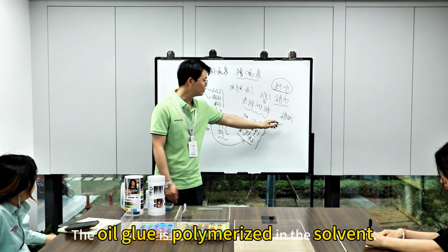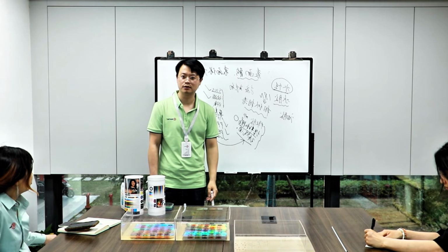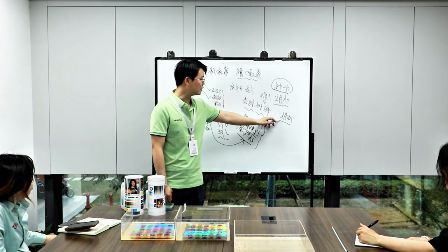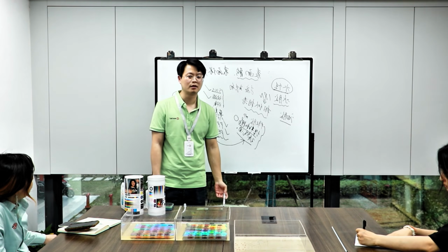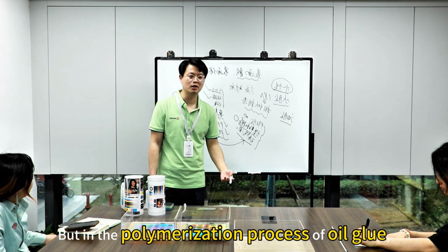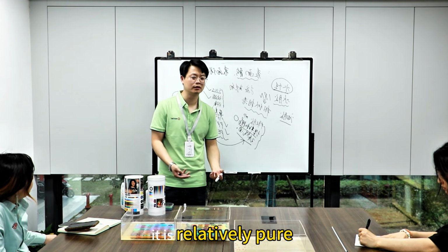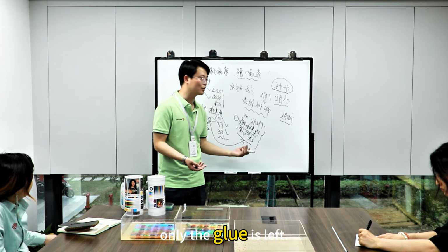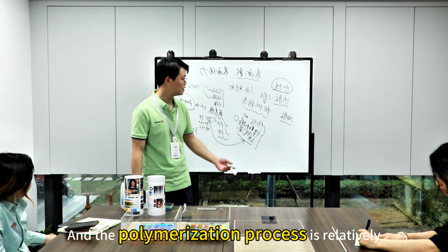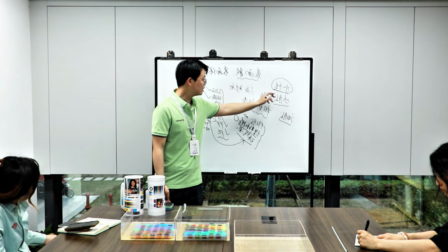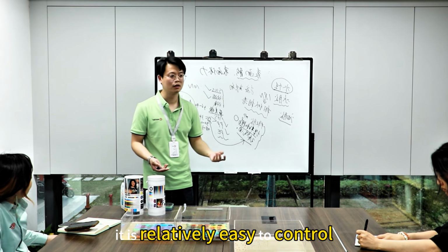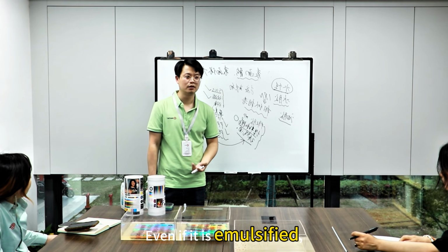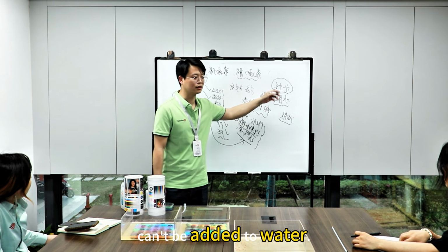The oil glue is polymerized in the solvent. The organic solvent is not environmentally friendly. But in the polymerization process of oil glue, it is relatively pure, because after coating, once the solvent evaporates, only the glue is left, without any other additives, and the polymerization process is relatively easy to control and design.